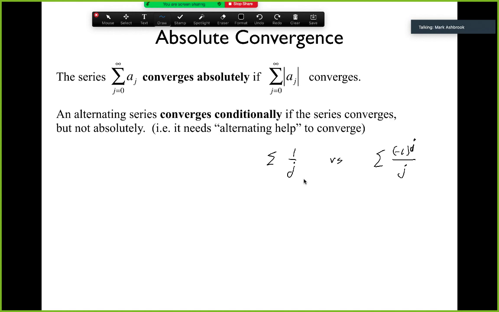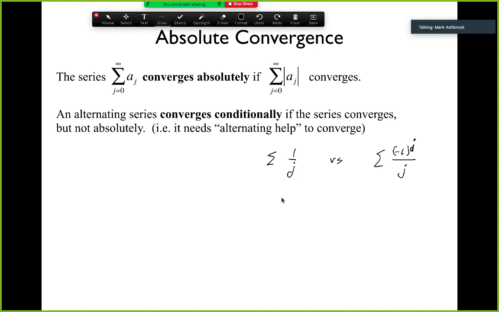We showed that a couple classes ago, that this goes to 0 but not fast enough, right? Well, what about the alternating harmonic series? Converge or diverge? That converges. When you make every other term negative, this is going to be tremendously helpful to get this sum to add up to a finite number, right?